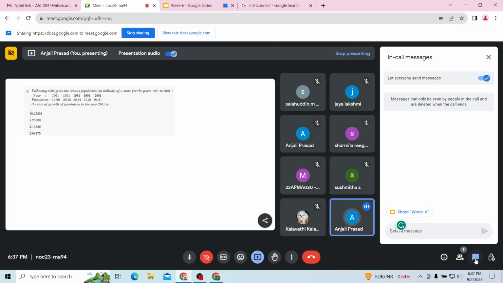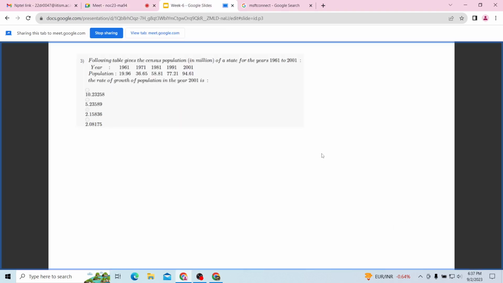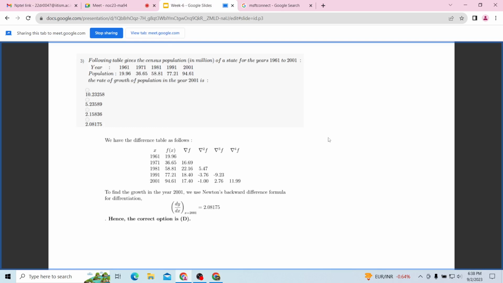Which option are you getting, either A, B, C or D? So we can do it using any of the methods, Newton's backward, forward or any other method. Here we have used Newton's backward difference formula.